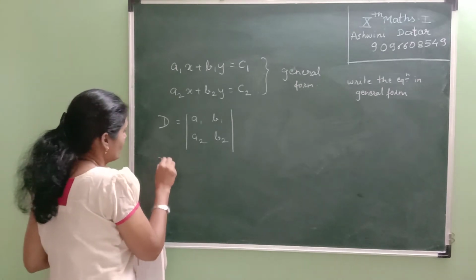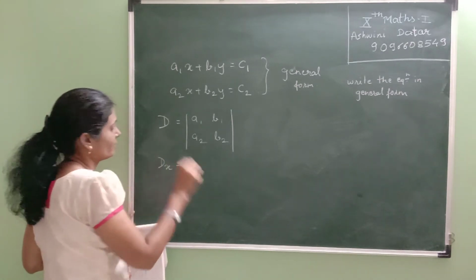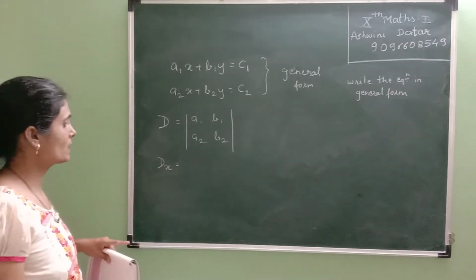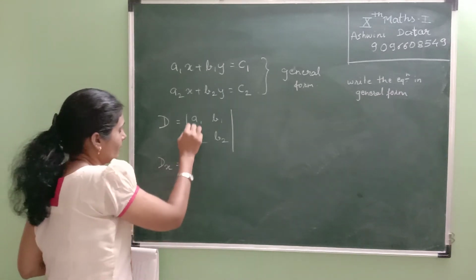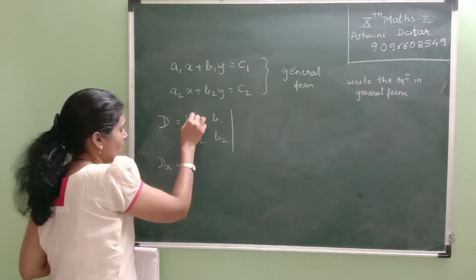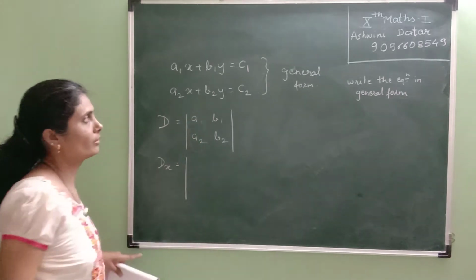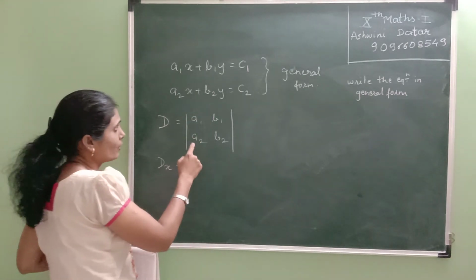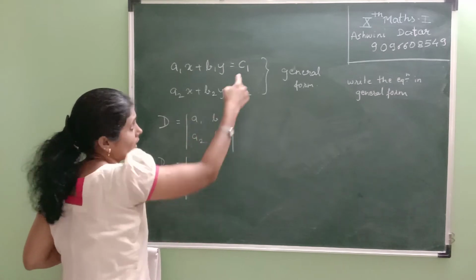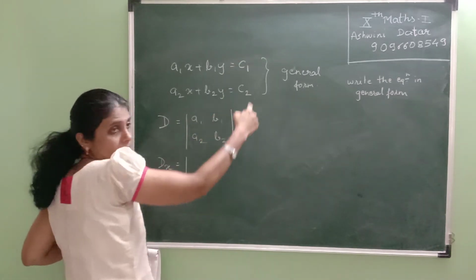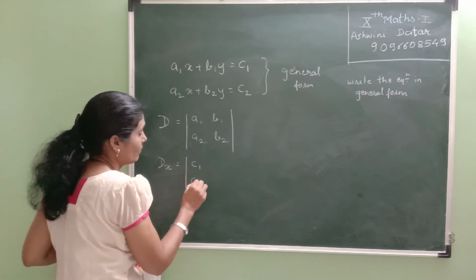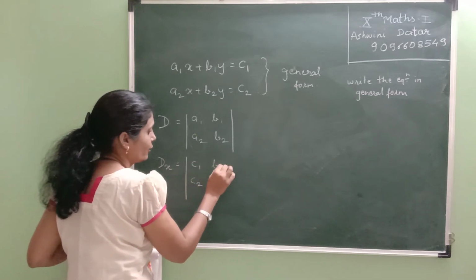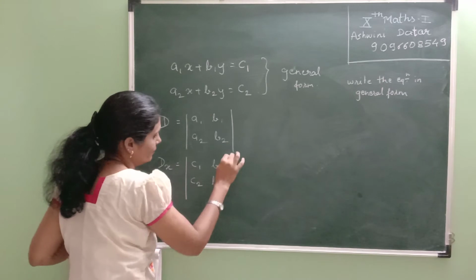Now let us solve another determinant which is represented by Dx. In this Dx, the column of coefficients of x is substituted by C1, C2. So Dx will be nothing but C1, C2 and B1, B2.